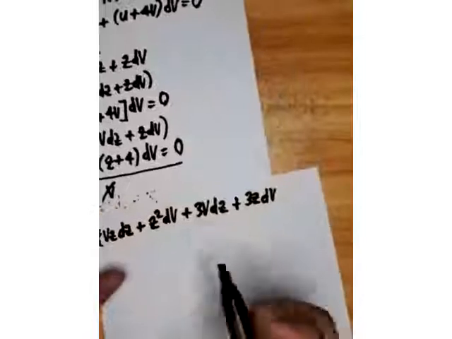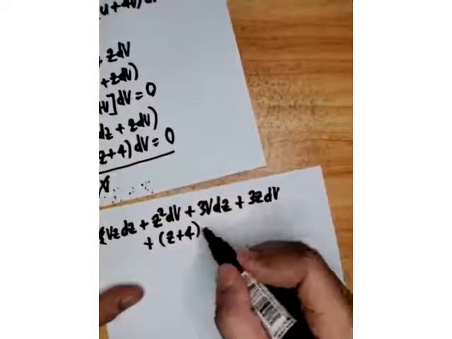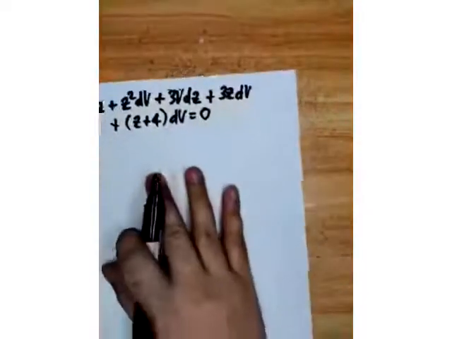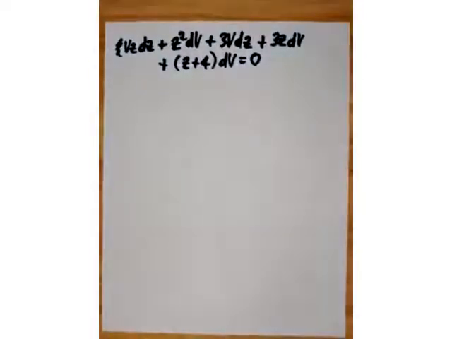Ayan. Plus quantity z plus 4 dv is equal to 0. Ayan. Okay? And then we simplify.